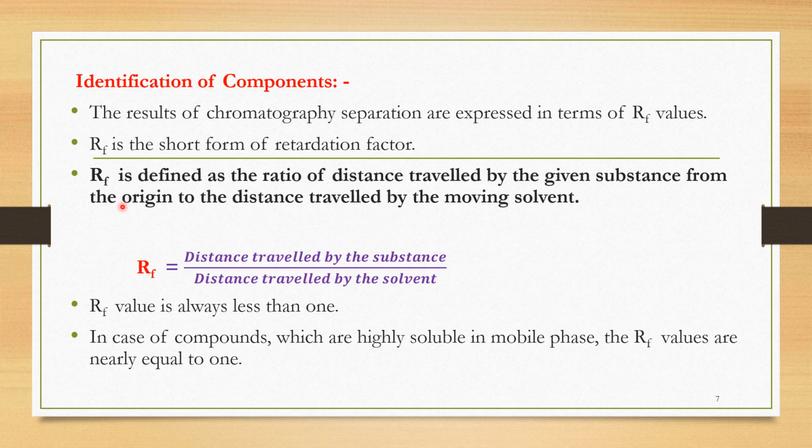So two types of distance we have to take. One is the distance traveled by the given substance from the origin, and the other is the distance traveled by the moving solvent. So RF is equal to distance traveled by the substance divided by distance traveled by the solvent. RF value is always less than 1. In the case of compounds which are highly soluble in the mobile phase, the RF values are nearly equal to 1.